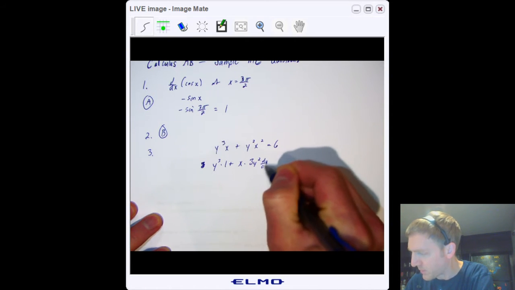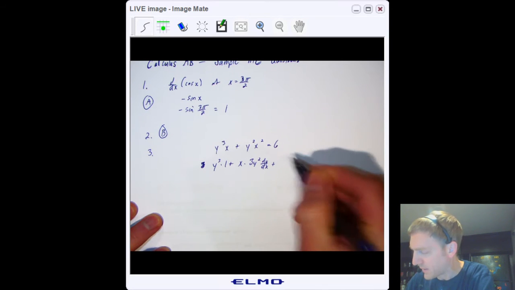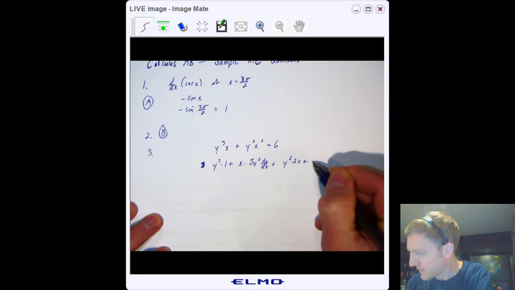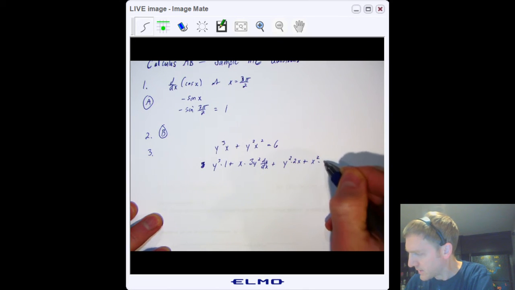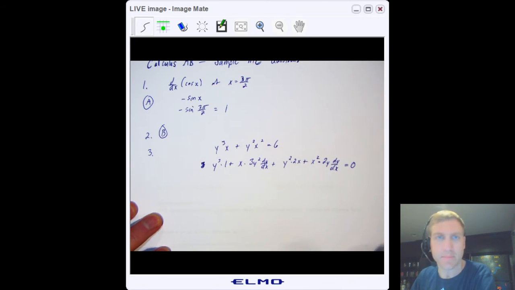And remember, every time you take a derivative with respect to y, you multiply by dy dx. Plus, same thing here. u times dv plus v times du. And then on the right side, 0.